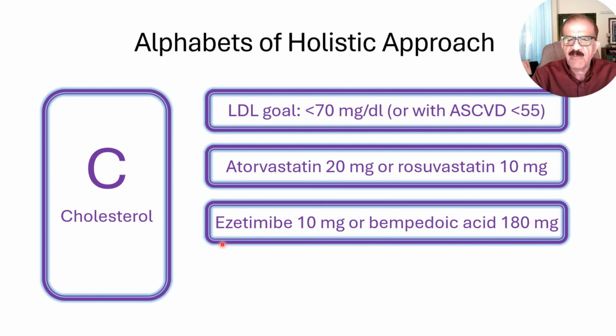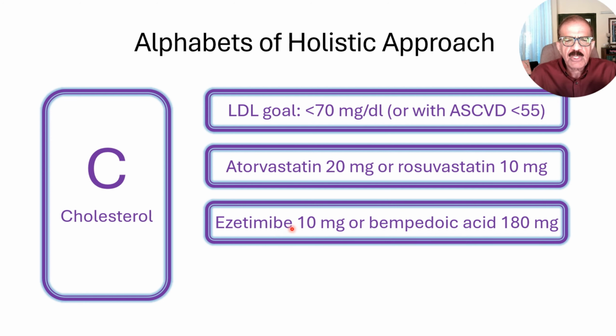Alternatives are ezetimibe. Ezetimibe is a very interesting drug. It prevents absorption of cholesterol from the intestine. So if taken with meal, it will prevent absorption of cholesterol which is taken with meal, plus the cholesterol which is secreted by the liver.